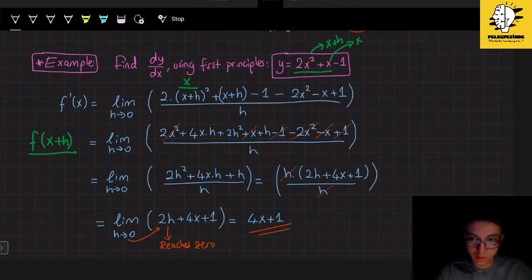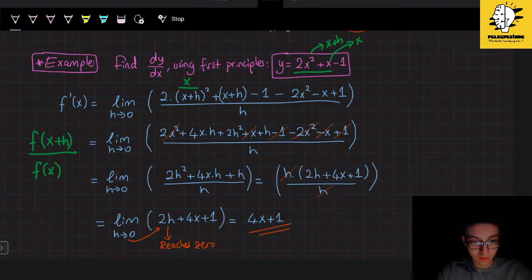Be careful about the minus, because when I used to work with first principles, I used to make that mistake a lot. It is minus 2x squared. We just put x here, and you can see the formula up there. And minus x and plus 1. Let's open them, okay?